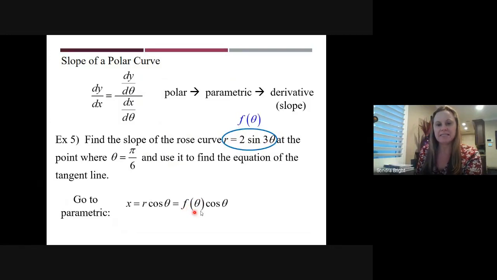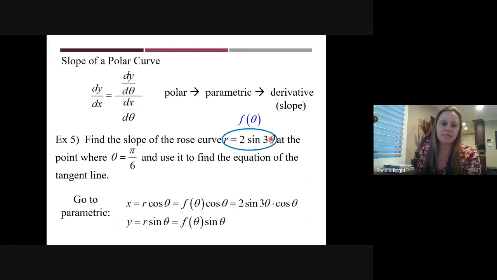So x is going to be 2 sine of 3 theta times cosine of theta. y, if you remember, is r times sine of theta. And again, r is 2 sine of 3 theta, so y will be 2 times sine of 3 theta, and then times sine of theta.